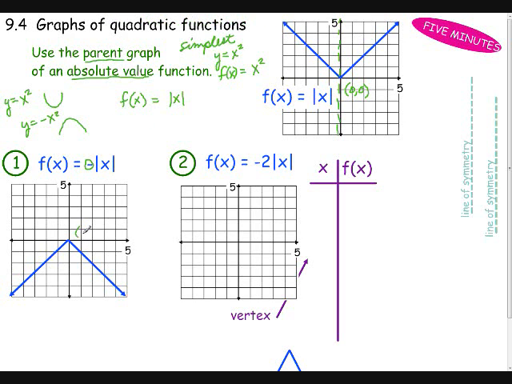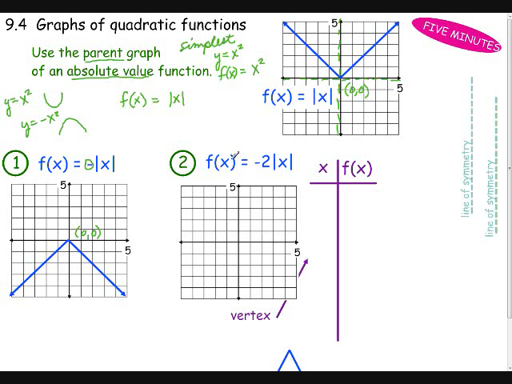We still got our vertex at 0, 0. What happened? It just flipped around the x-axis. If you pictured this on a hinge, it just flipped around, went down instead of going up.